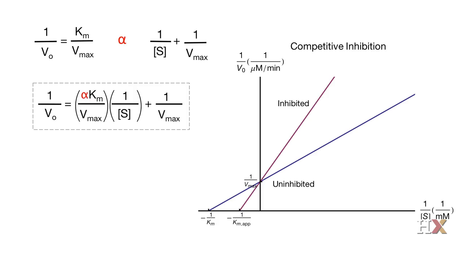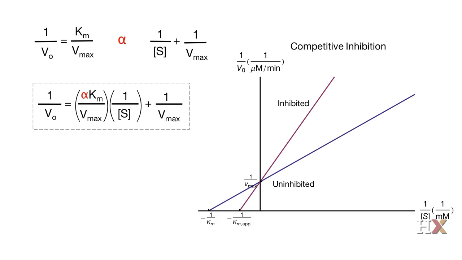If we look at the intercept between the x-axis, the horizontal axis, and the straight lines, we can see that it will be minus 1 over Km in the absence of our inhibitor, and it will be minus 1 over alpha Km in the presence of the inhibitor.